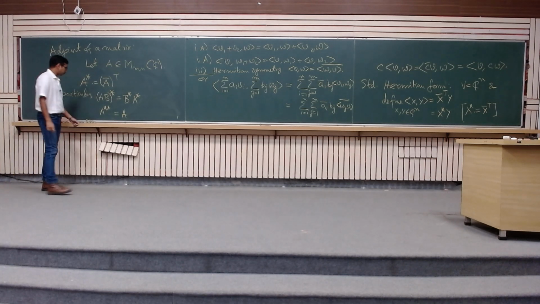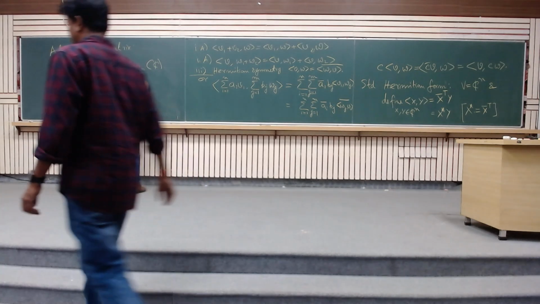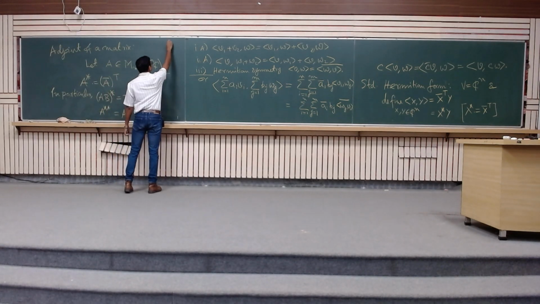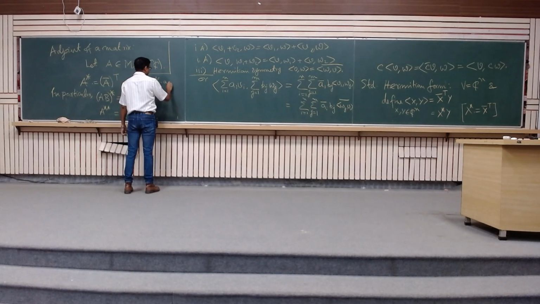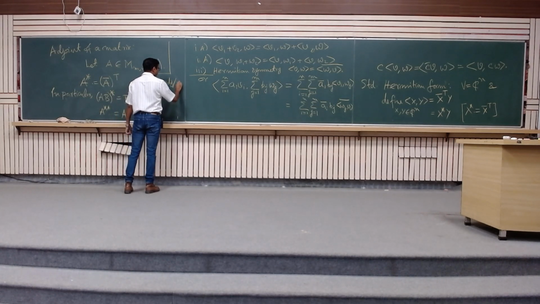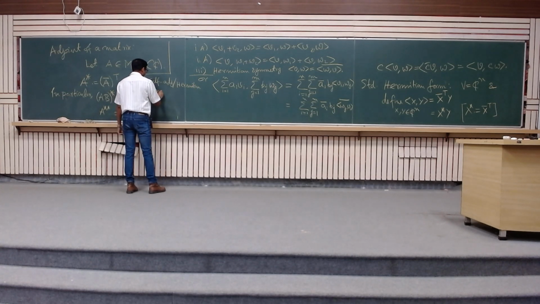Now, let's define another concept which is called self-adjoint, or Hermitian matrix. We'll see that they are very much related with Hermitian forms.